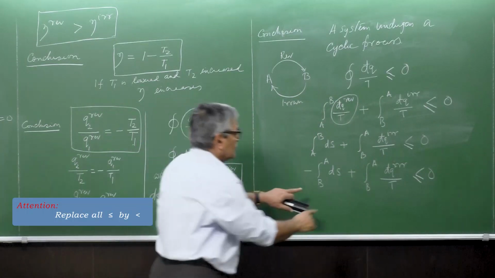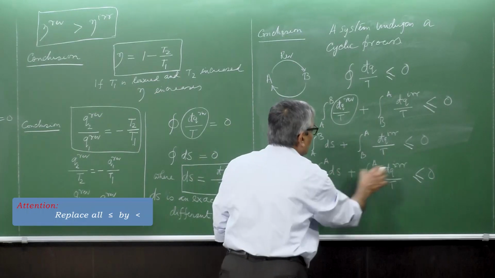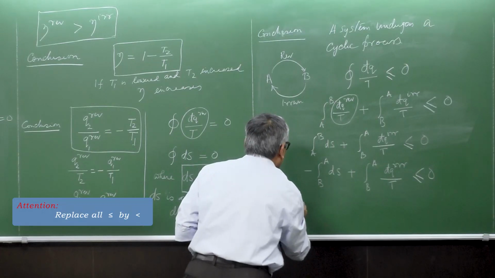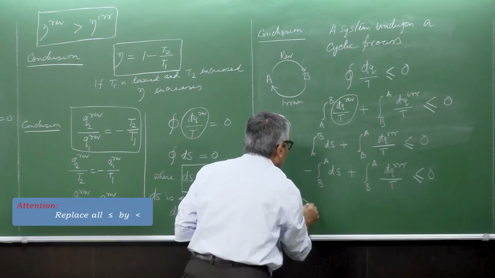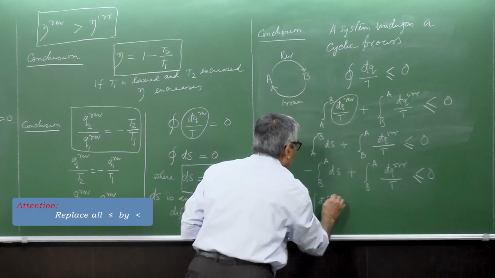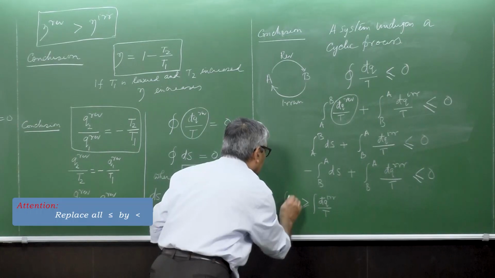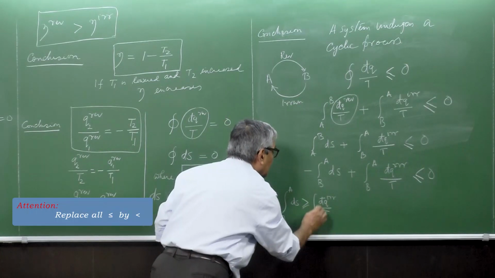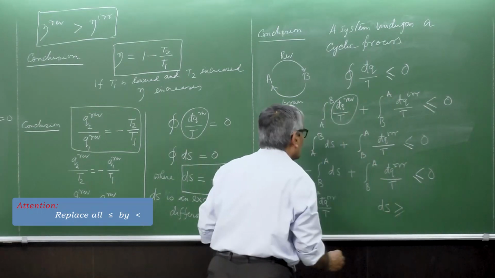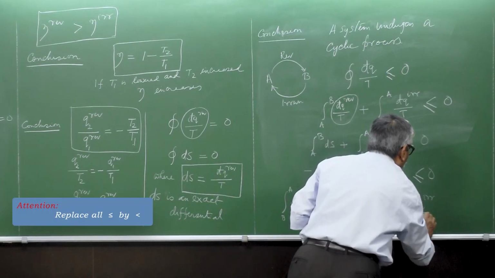Now the two integrals are over the same path B to A, so if I take it to the other side, the integral of dS is greater than or equal to the integral of dQ irreversible by T. If you remove the integral, for B to A, dS is greater than or equal to dQ irreversible by T.